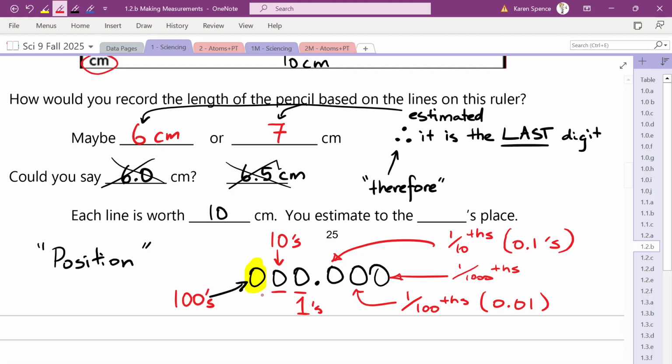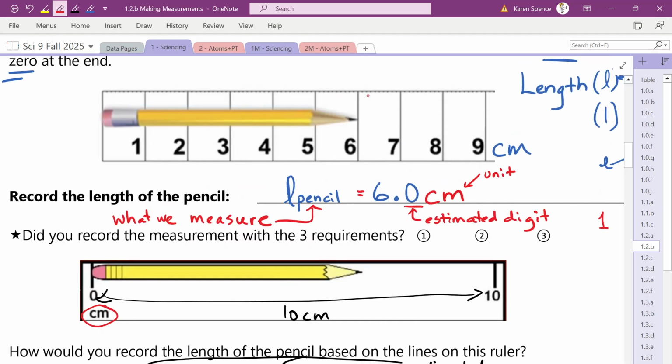So if your lines are worth hundreds, you estimate to the tens. If your lines are 10, then you estimate to the ones. Okay, so you go one more position to the right. If you had, like earlier up here, each of these was 1 centimeter. What's one more position to the right than the ones?